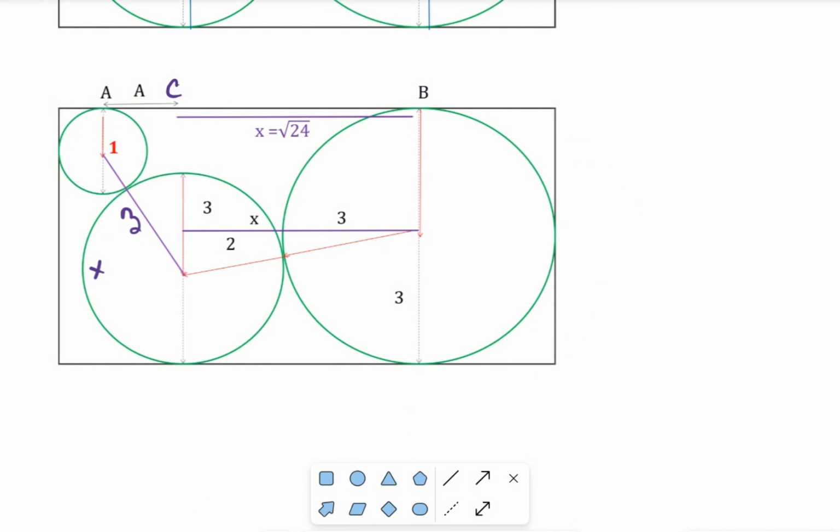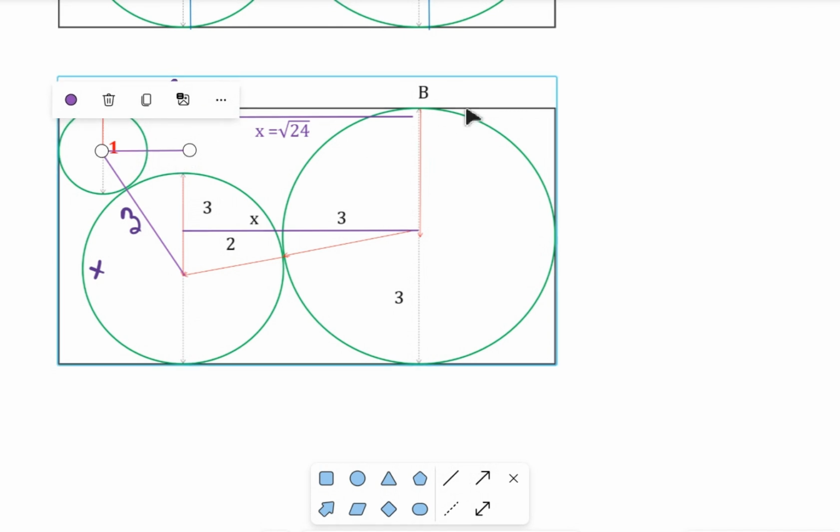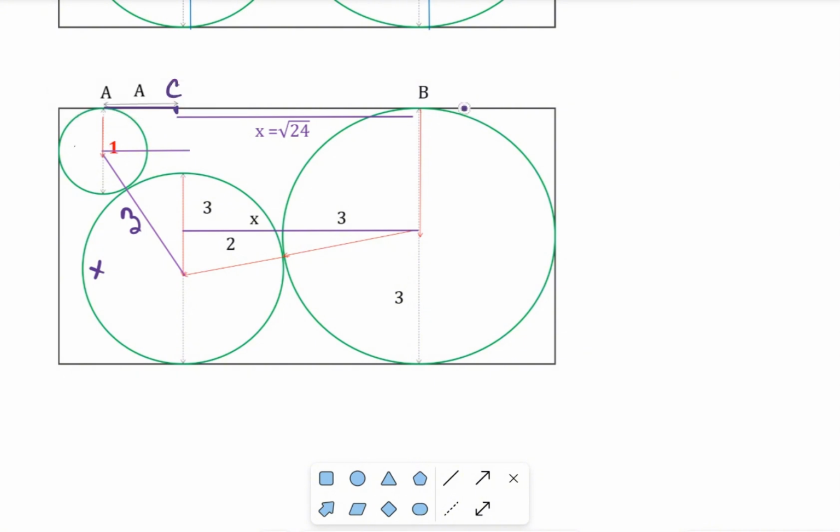As our target is to determine the length AC, what you can do is draw a parallel line from this center. Let's consider the center of this smaller circle is, let's say, Z. So let's draw from this Z parallel to this.